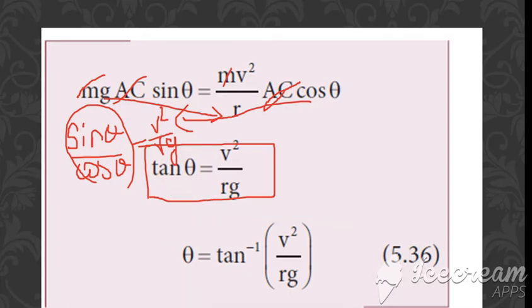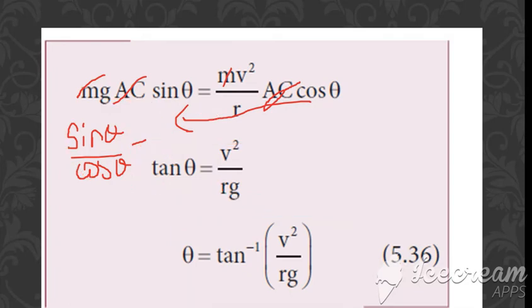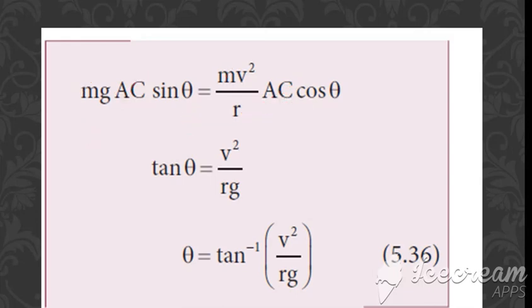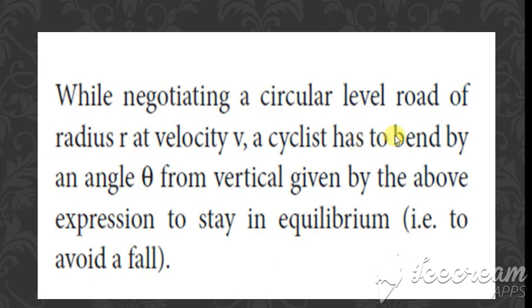This gives the necessary condition for any cyclist moving in a circular path. While negotiating a circular road of radius r at velocity v, a cyclist has to bend at this angle to stay in equilibrium. Maintaining these values of velocity and radius, the man can move in the equilibrium position. Clear? Thank you.